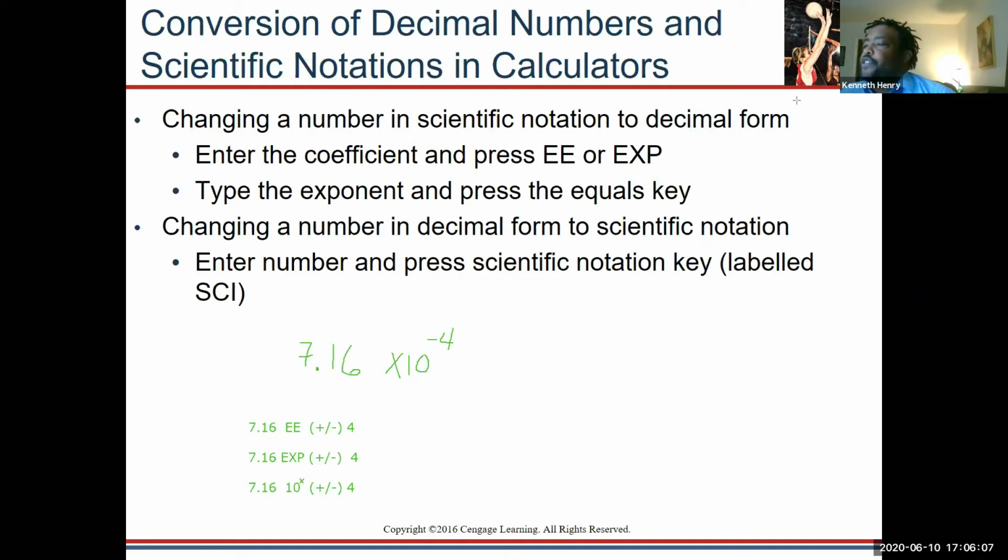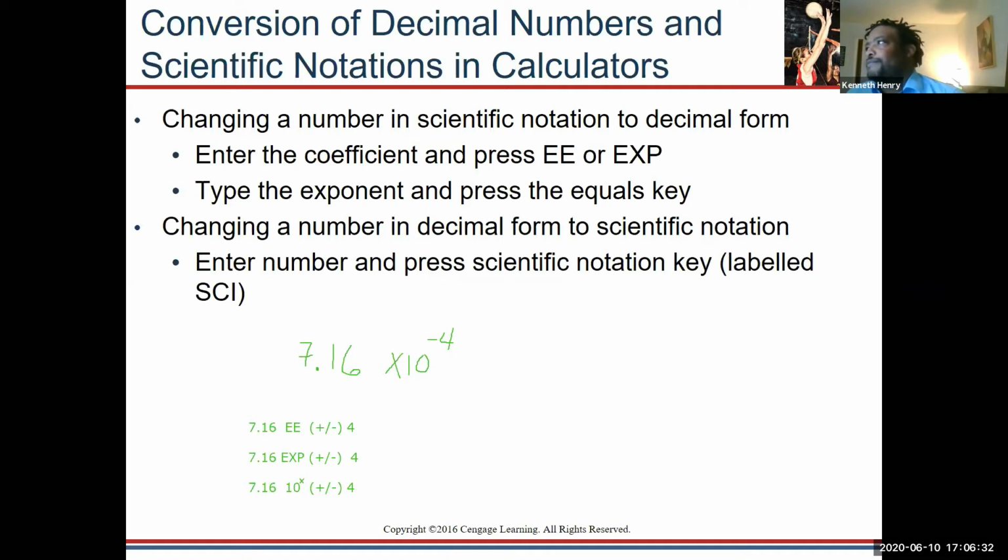Okay, so in your case, you're going to press second. You see that yellow button? Doesn't that say second? So you're going to put 7.16, and then you're going to put second, and then press where the EE is at. You see EE? Yes. And then at the very bottom right, you'll have a negative.